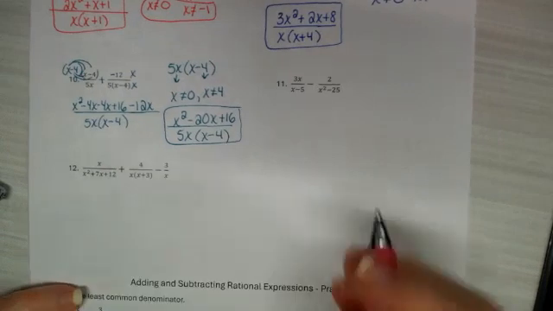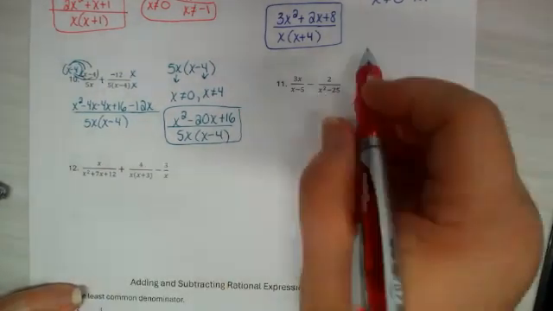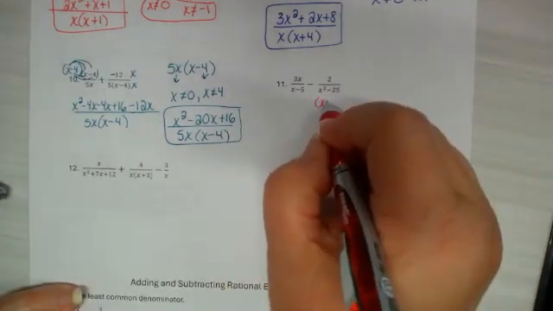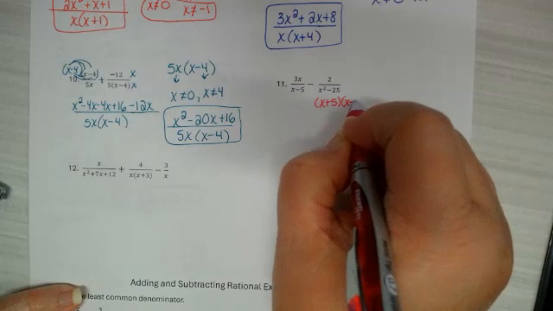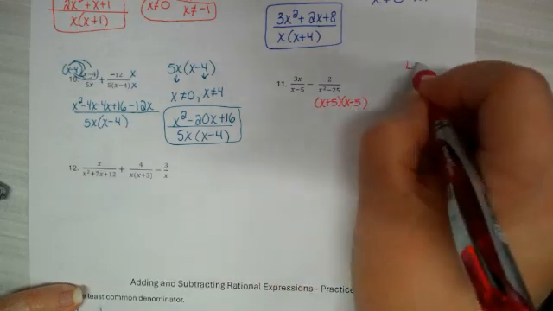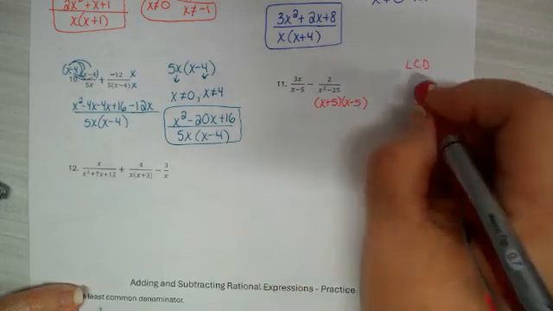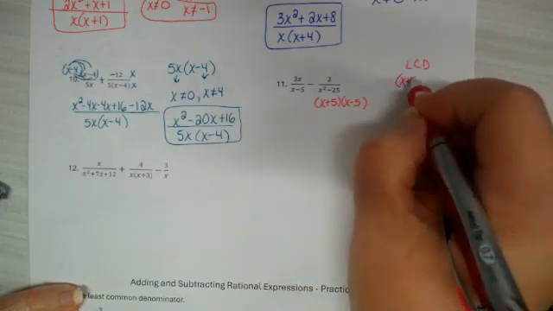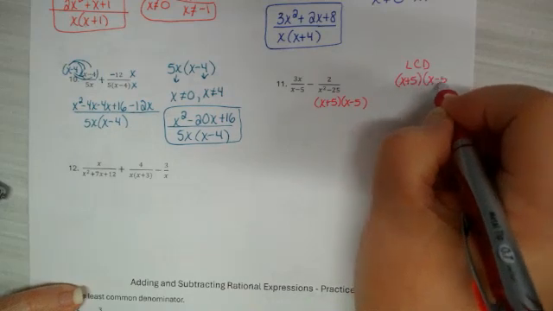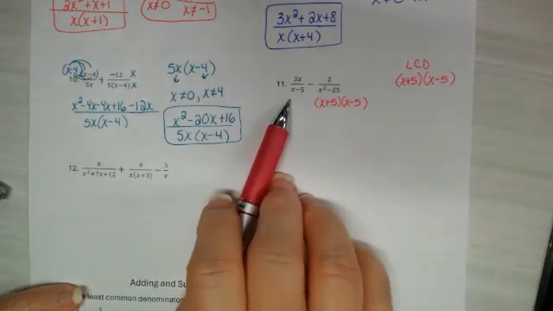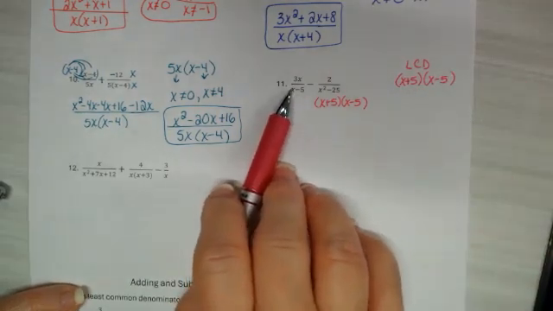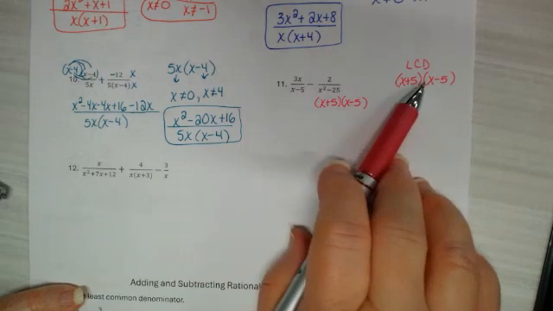Number 11. I need to factor my denominator here, x plus 5, x minus 5. So my least common denominator, I'll just write down the biggest one I see. And then I look at the other denominator and think, is x minus 5 already included? It is.